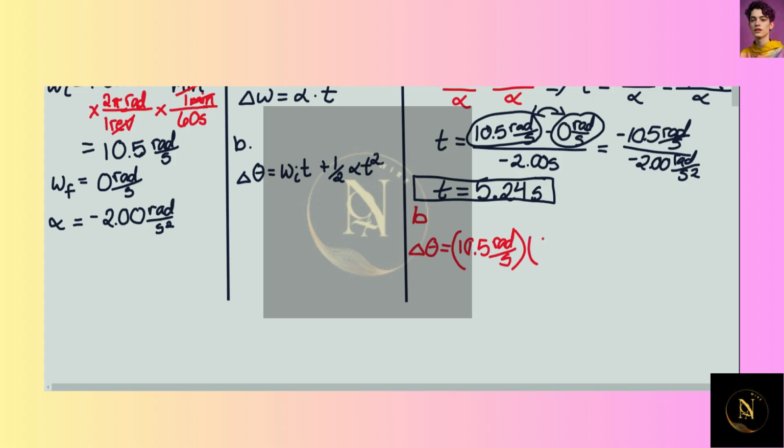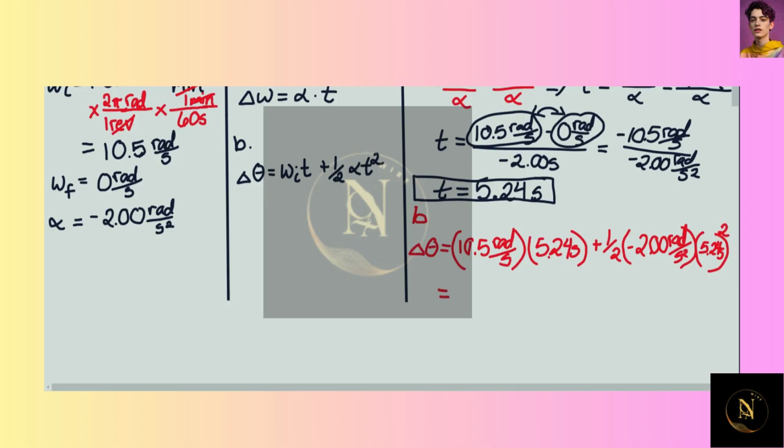Multiply that by 5.24 seconds, and then we add 1/2 times negative, remember that negative is important, negative 2 radians per second squared times 5.24 seconds, and then we're going to square that number.